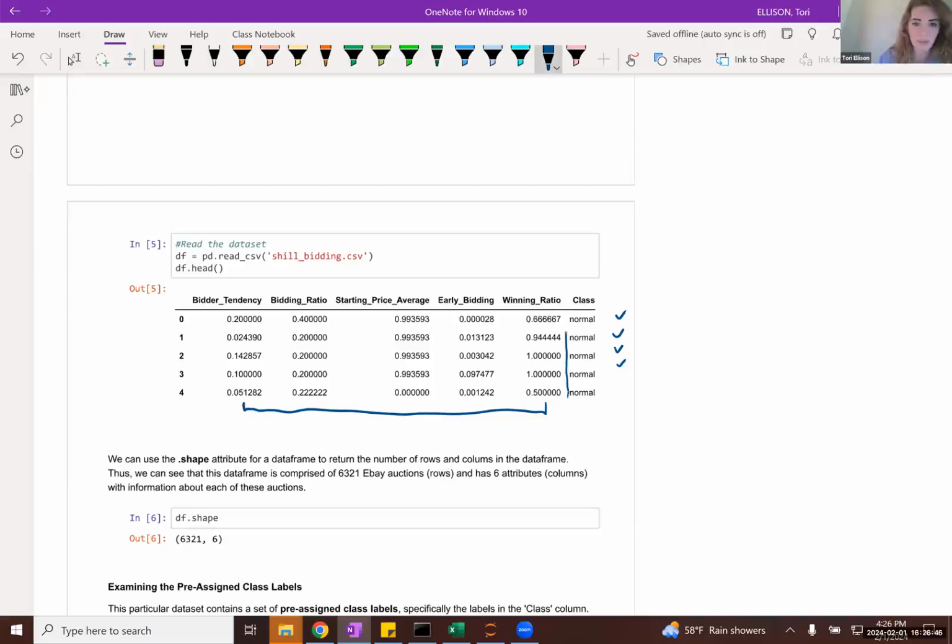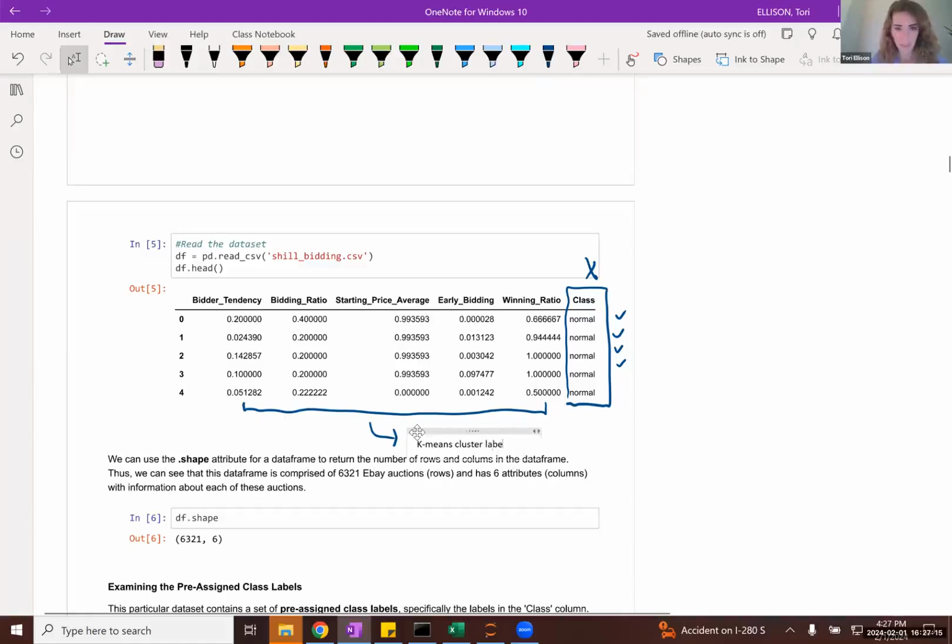Now, in addition, we want to remember that there's this additional set of pre-assigned class labels, which we're not actually going to include in the clustering itself. So when we run k-means, we're going to put it aside. But after we've run k-means, we'd like to compare the k-means cluster labels that we created when clustering these 5 numerical variables to this set of pre-assigned class labels.